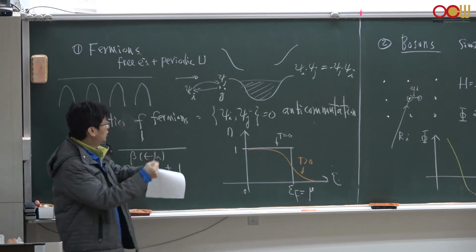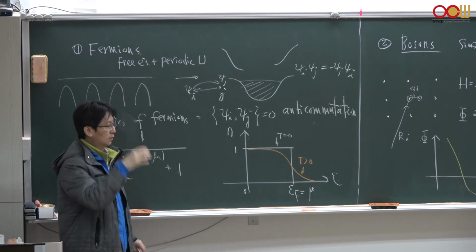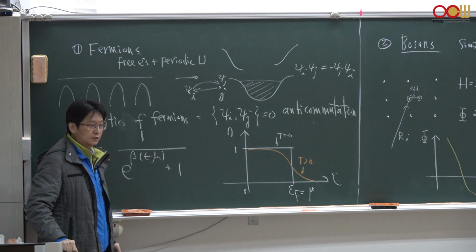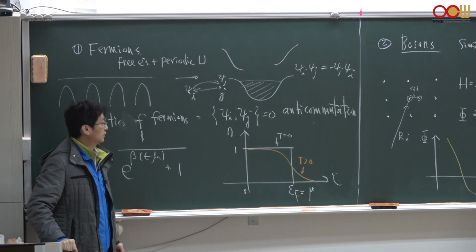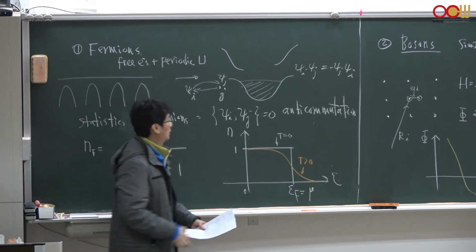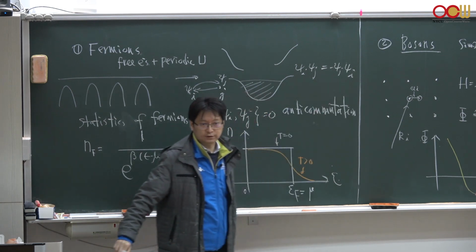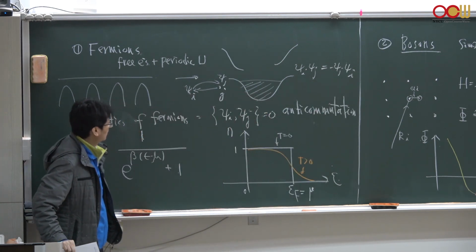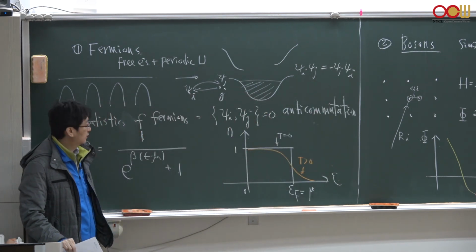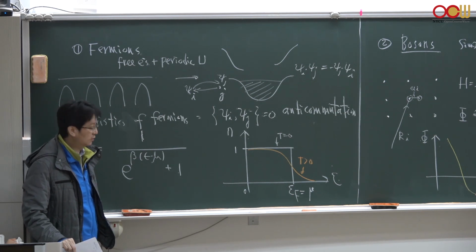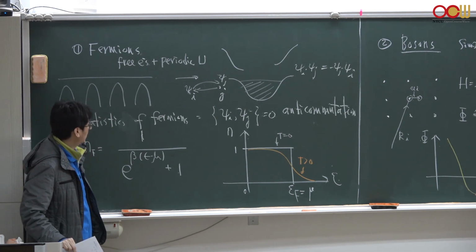So if I interchange the two electron wave functions at different locations i and j, I get a minus sign in front of this two-particle wave function. Okay, I think you should already know this from your quantum mechanics.